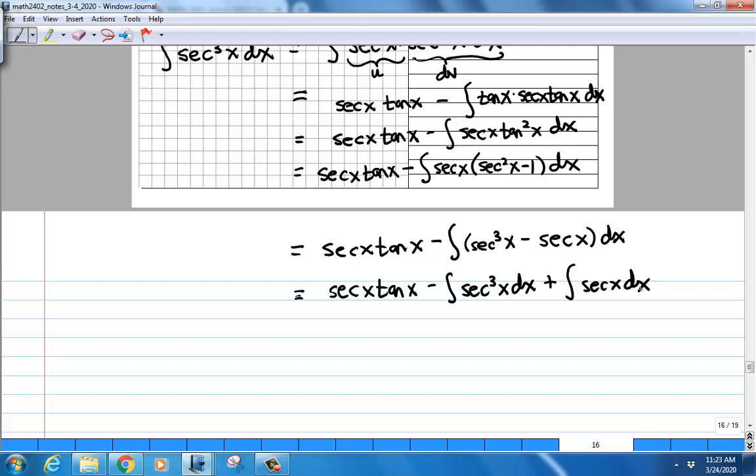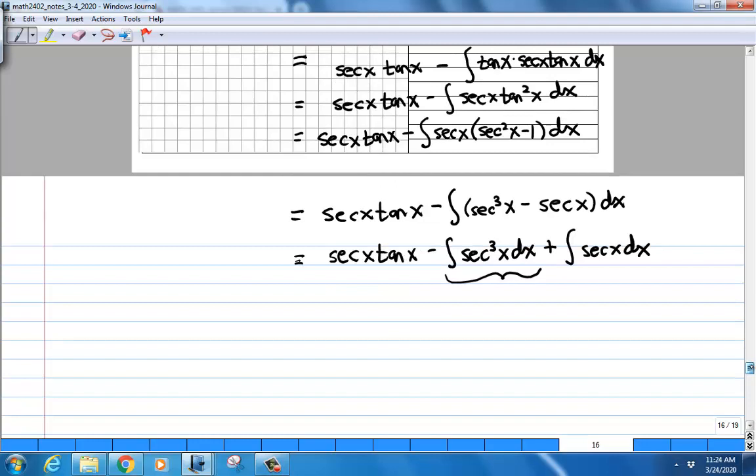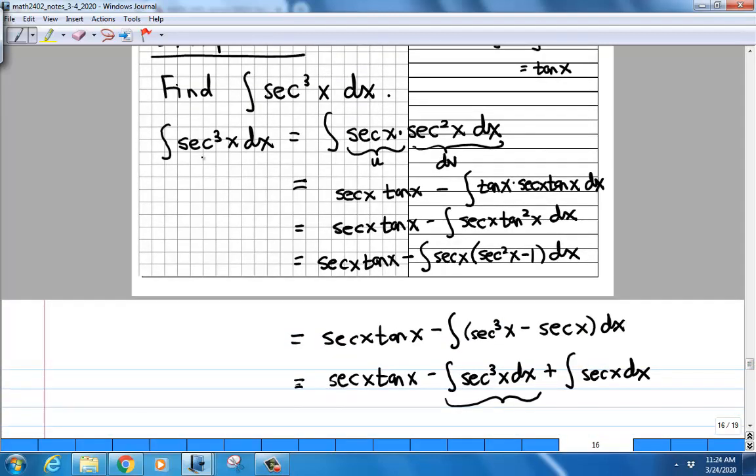Again, it's kind of a mystery as to what the benefit of all these substitutions is. But here's the key thing. Notice what has suddenly popped up into the problem here. I have the antiderivative of secant cubed x, but remember, what did we go through all these steps for? What was all of this equal to to begin with?